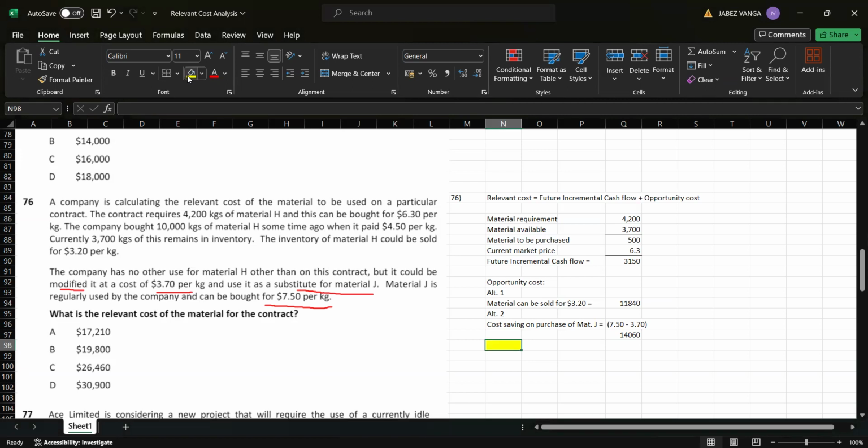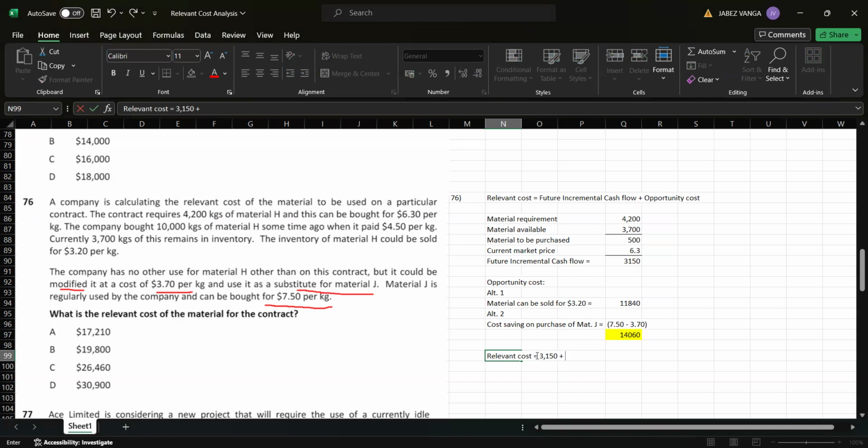When there are two alternatives, we have to understand the next best alternative is the opportunity cost. So between the two of them, the best one is 14,060. So this will be the opportunity cost. So what is relevant cost? Relevant cost is the future incremental cost, which is 3,150, plus the opportunity cost, which is the next best alternative.